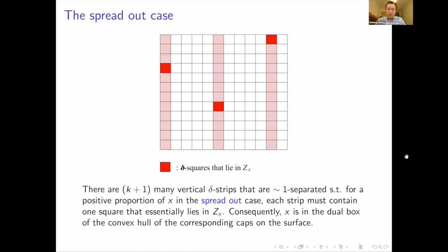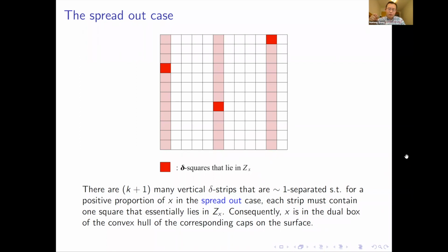So assuming our x is in the spread out case, then we can fix k plus 1 strips, where k is the degree. You don't need to pay too much attention to it. But we can fix a reasonable number of vertical delta strips such that, if your x is in the spread out case, then you look at the stationary set.